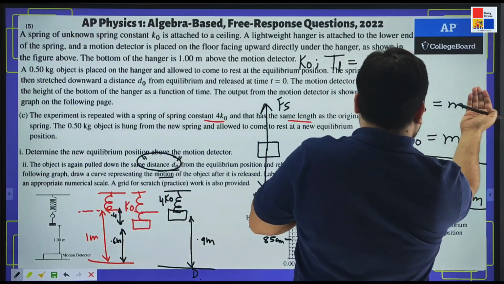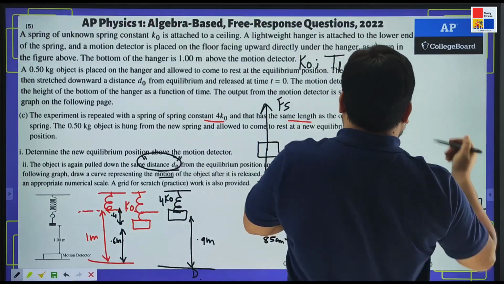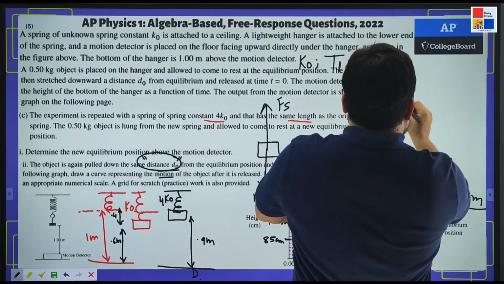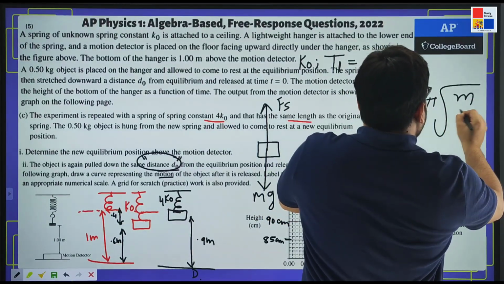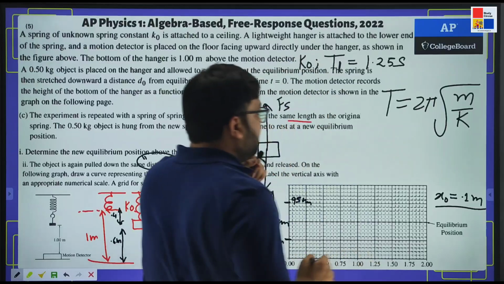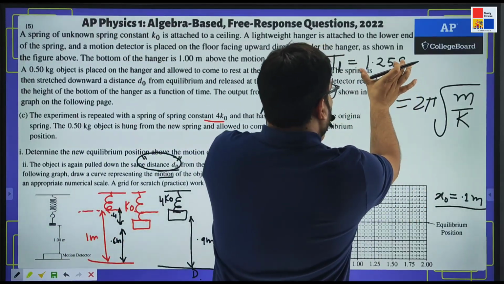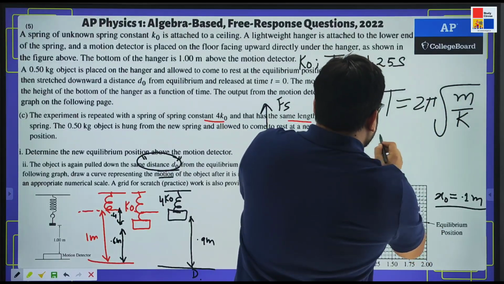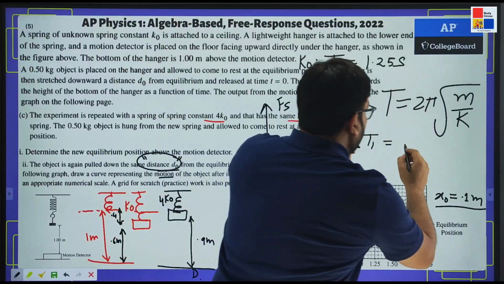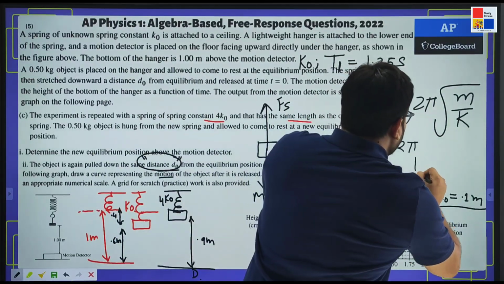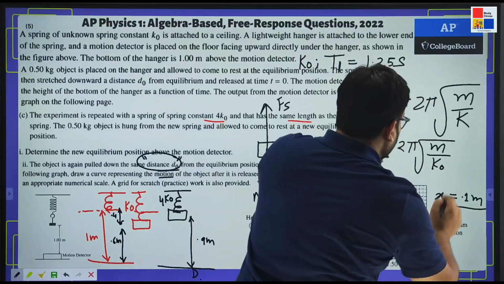The time period is given by 2 pi root of m upon k. T1, the time period in the earlier case, was 2 pi root of the mass, which is still the same, upon k naught.